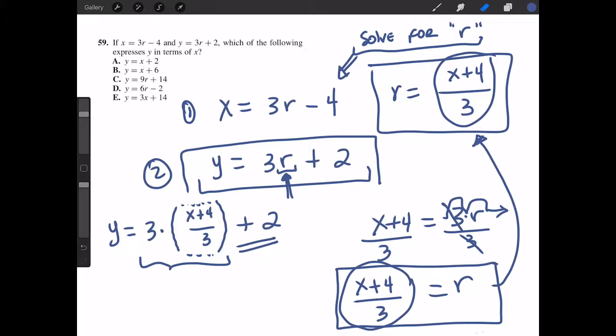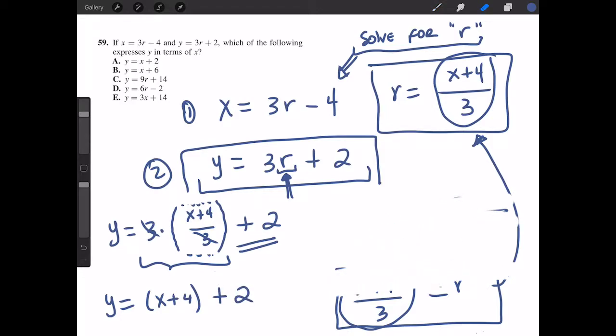That's why, as the next step, instead of multiplying 3 times the x plus 4, giving you 3x plus 12, the best course of action is to simply cancel these 3's. So you're left with y is equal to parentheses x plus 4 and then plus 2.